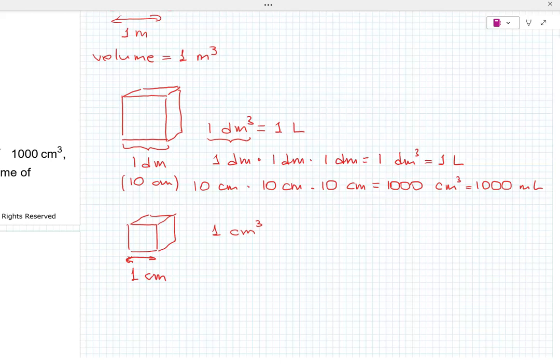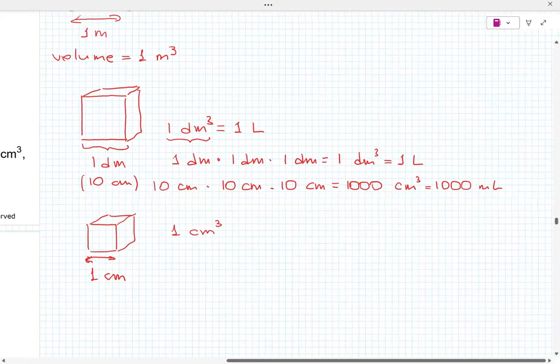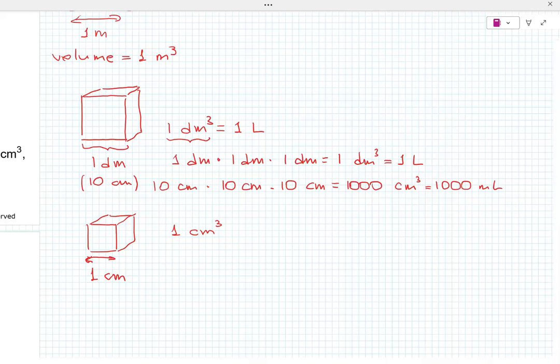All good? Now, one of the most common mistakes that I've seen is, here's the question. How many cubic centimeters in a cubic meter?